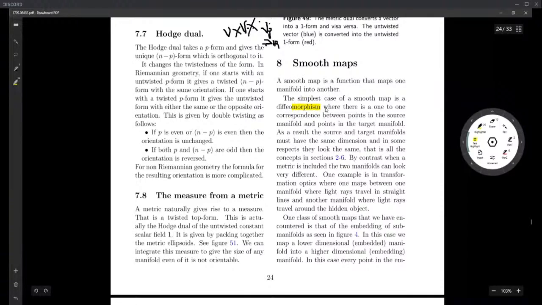So when you see morphism, think that something's being preserved. We've got to find out what it is. In the case of a diffeomorphism, it's a one-to-one correspondence between the points in the manifold and the target manifold.